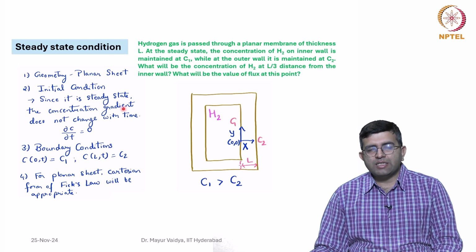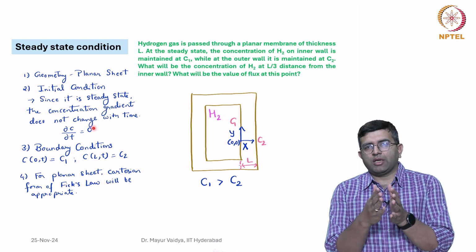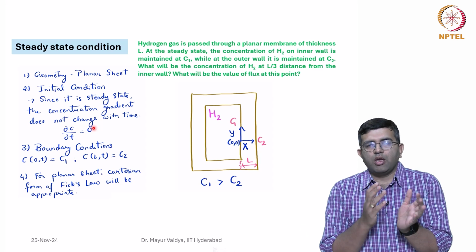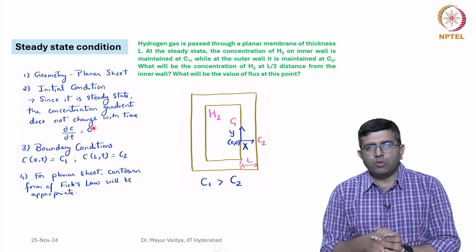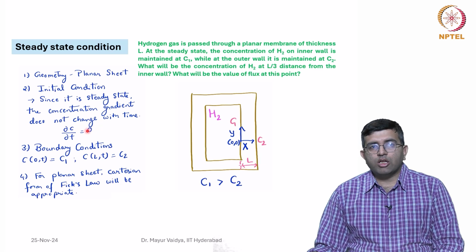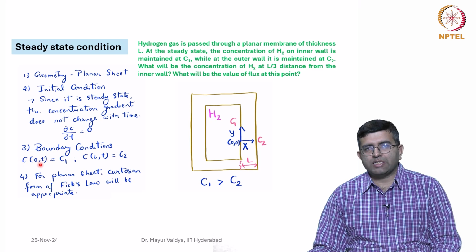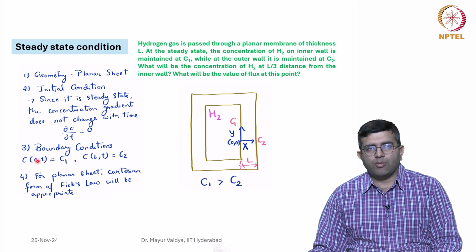Since it is in a steady state, in this particular case the initial condition, the intermediate, the final, everything is the same, because nothing is changing with respect to time. Now, what are the boundary conditions? If I take my origin at the inner wall, then this is my point x equal to 0. C is written as a function of x comma t.